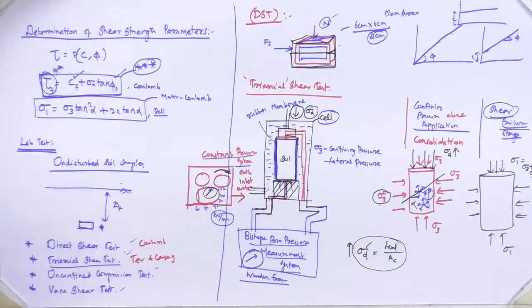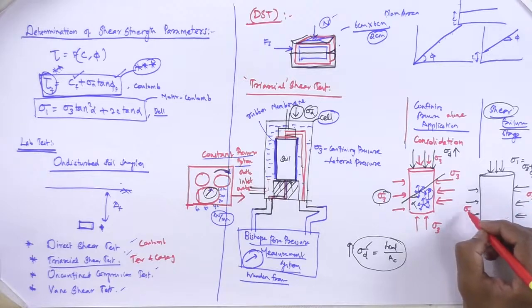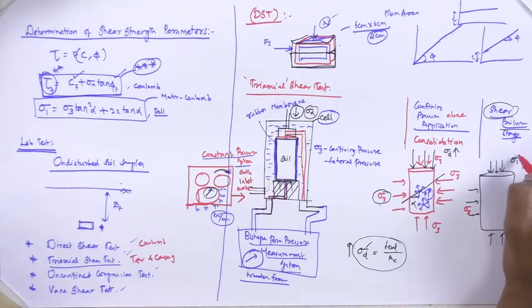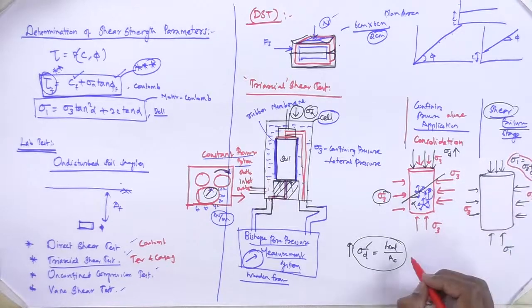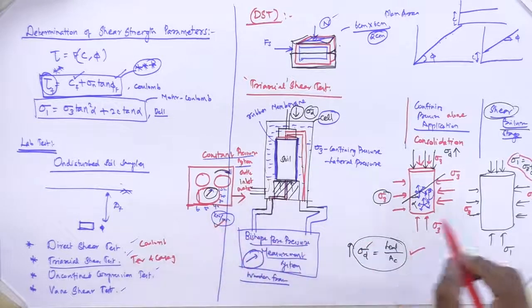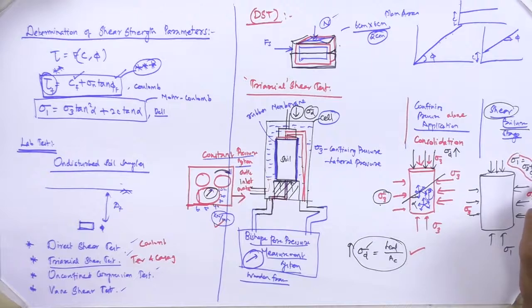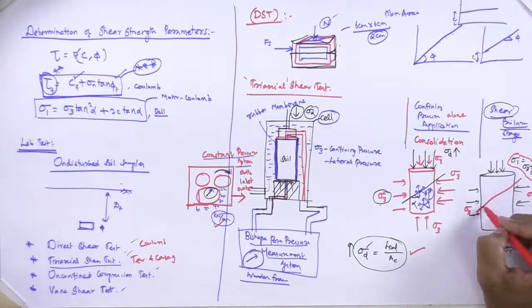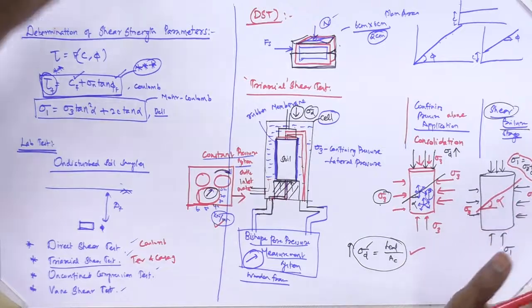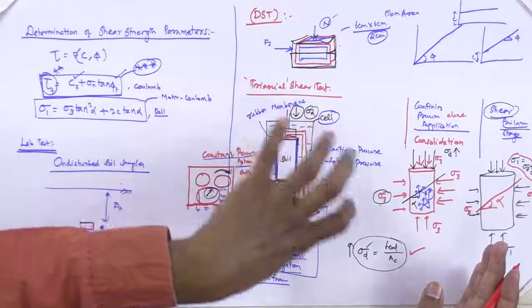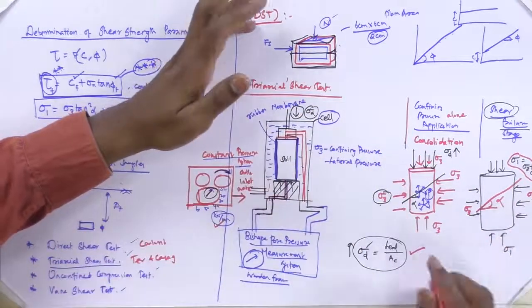We are not applying any deviating stress in the lateral direction. So sigma 1 is sigma d plus sigma 3. This may be 20 kPa and this may be 40 kPa. Combined, 40 kPa is the sigma 1 value at which your specimen fails, making an angle of alpha. Last time I explained that pore pressure.